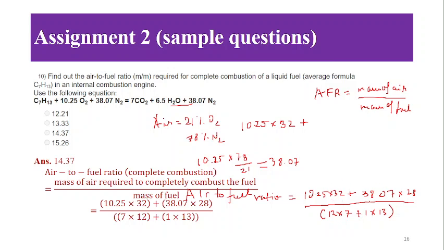This is the moles of nitrogen into the molecular weight of nitrogen. This is basically the mass of fuel, which is calculated by 7 moles of carbon with molecular weight 12, and 13 moles of hydrogen, into the molecular weight, which is 1.